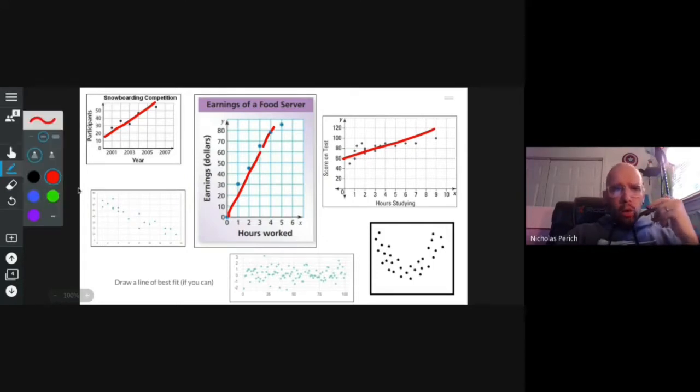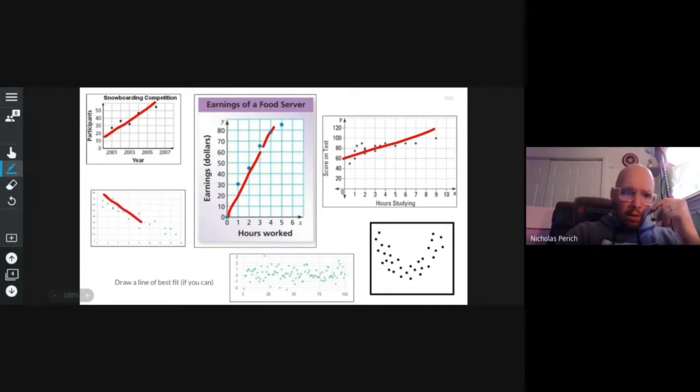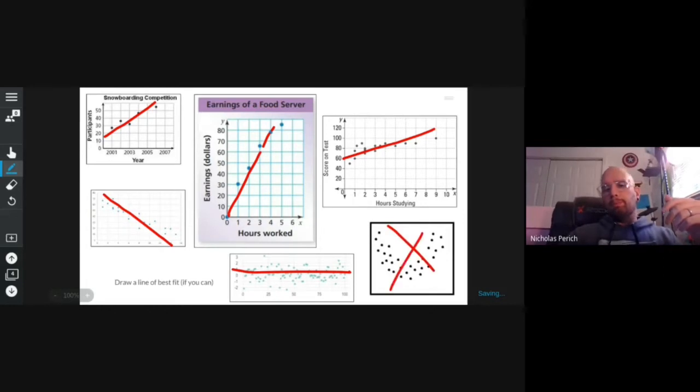And I can draw a line right in the center of that. And right in the center of that. And I can't draw a line of best fit because it doesn't have a correlation. It's not even linear. How can I draw a line through something that's not even linear, guys? I'll tell you how: I can't.